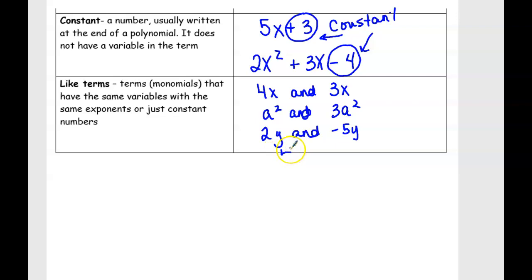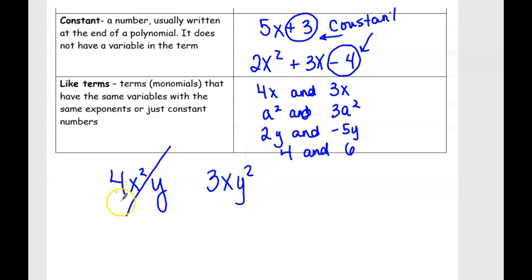Or I could do 4 and 6. Those are all examples of like terms. If I had 4x squared y and 3xy squared, that would not be an example of like terms, because the x is squared in the first one but not in the second. You need to have the same variables and the same exponents.